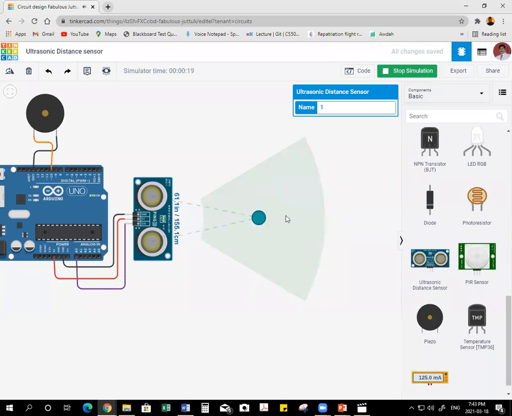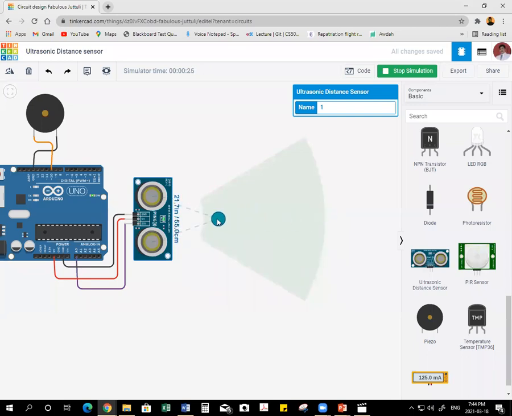So the ultrasonic sensor ranges from 2.6 centimeters to 335 centimeters, that is 132 inch. How much is 132 inch? I think 11 feet. Okay, so this is our ultrasonic.